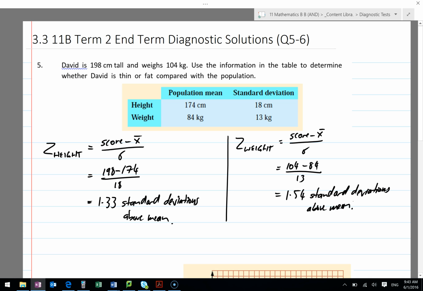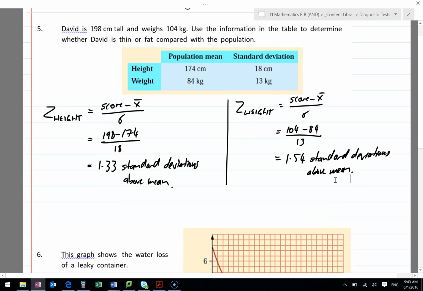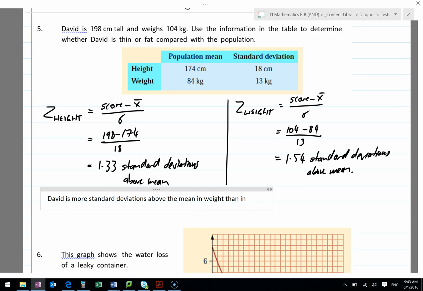So this is sort of like comparing two subjects. How well does he do? Is he good at being tall or is he good at being heavy? He's better at being heavy than he is at being tall. So our conclusion, unfortunately for David, is that David is more standard deviations above the mean in weight than in height, and therefore it is likely that he is overweight when compared to the population.